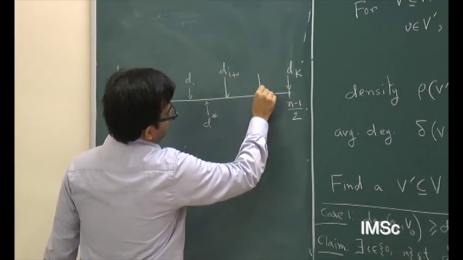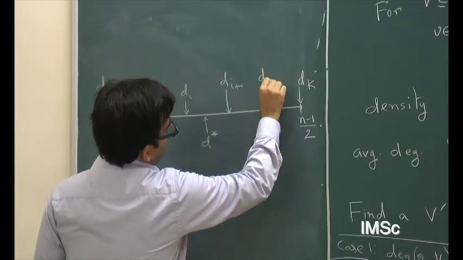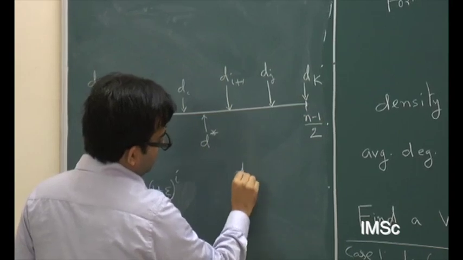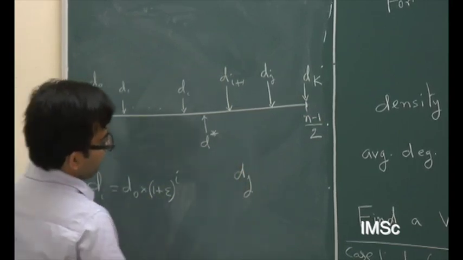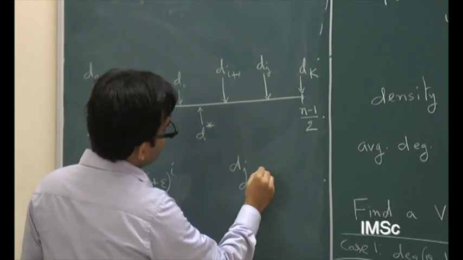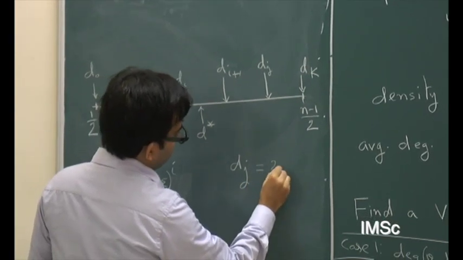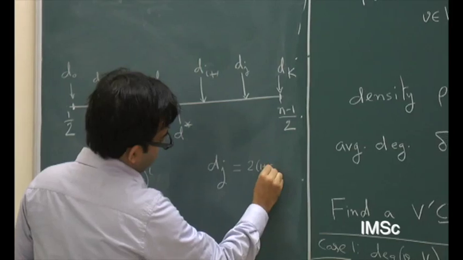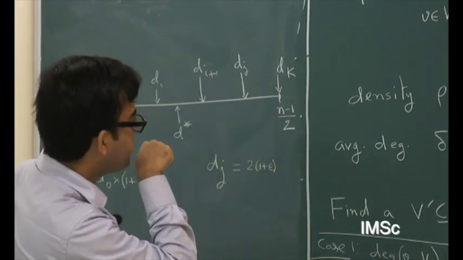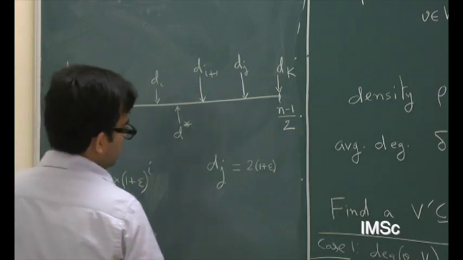Look at this dj, where dj is 2x. I think d star will have to be, oh sorry, 2d star, sorry.